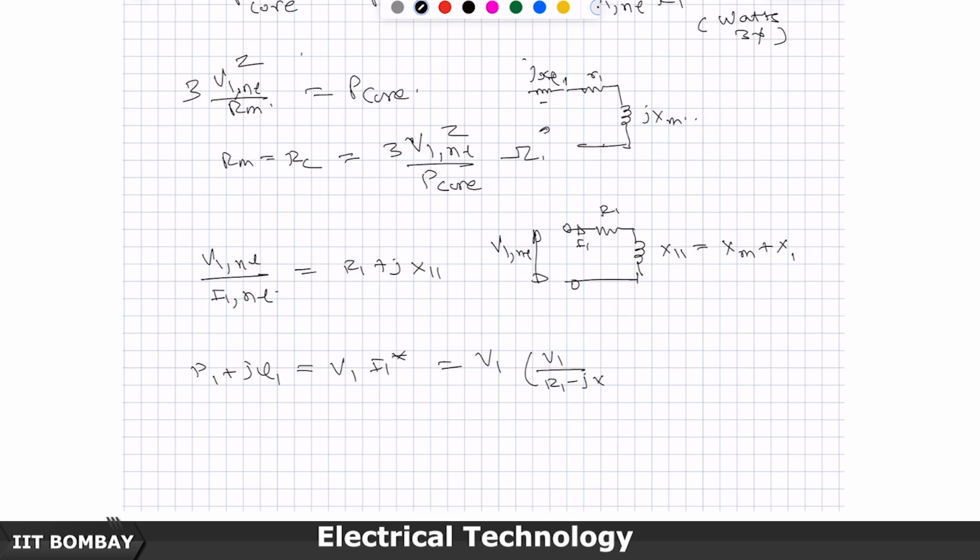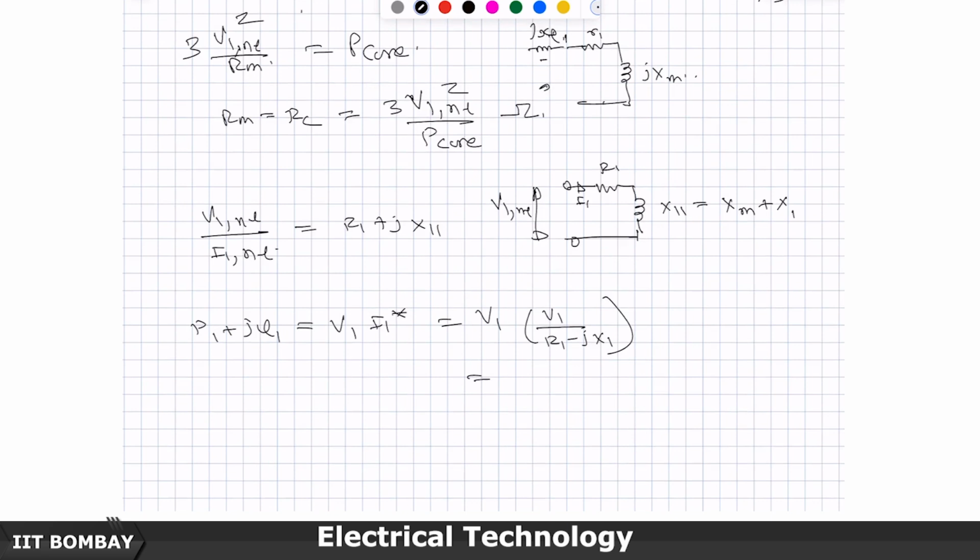I am taking V1 as my reference. So, V1 I1 star will be V1 divided by R1 minus jX1, which is the same as V1 square times R1 plus jX1 divided by R1 square plus X1 square. How? By multiplying with the complex conjugate of R1 minus jX1 in the numerator and denominator.